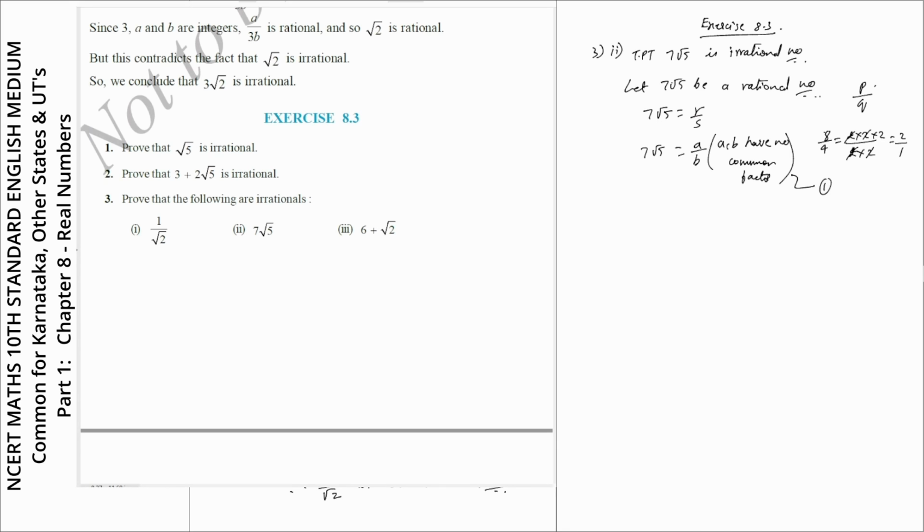Now I'll cross multiply. If I cross multiply, I'll get b into 7 into root 5 is equal to a. Now I'll square both sides.